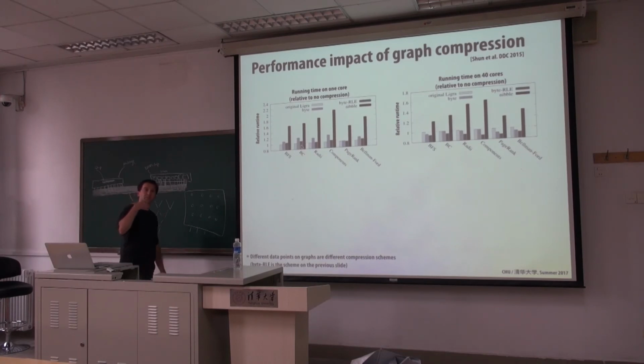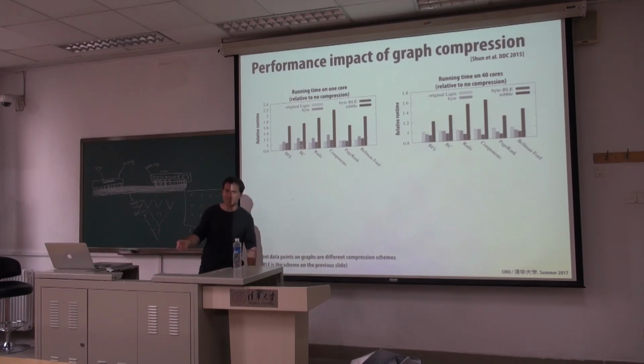And every time you visit a new node, like in BFS, the first thing you do is you load the compressed edge list, and then you have instructions to decompress it. And then you walk over the decompressed edge list. So you can imagine how you could change your assignment 3. You would load it in compressed form, you would decompress it, and then you would iterate over all the edges, just like you do now.